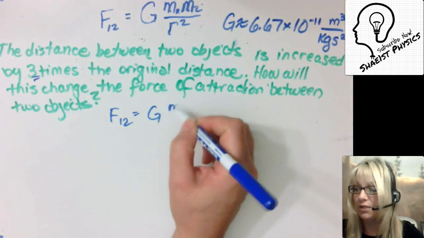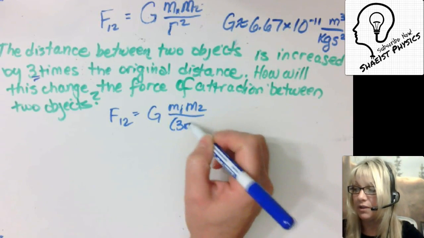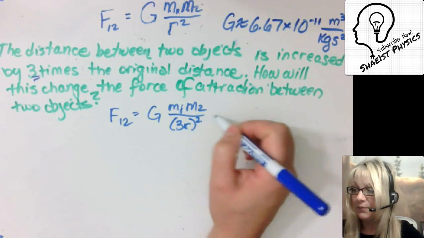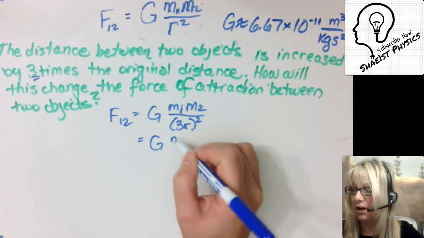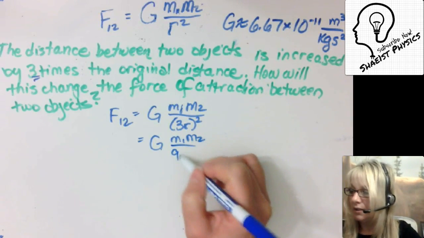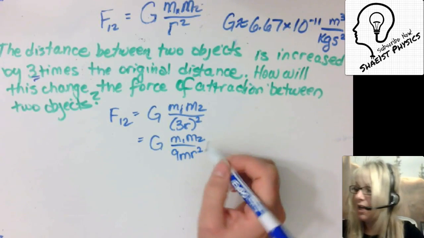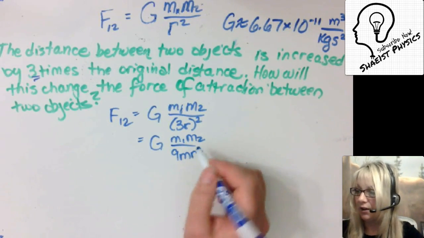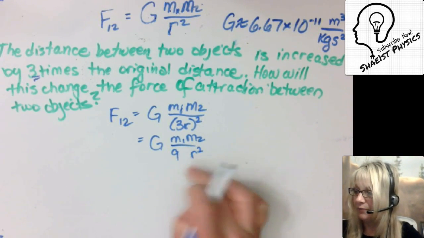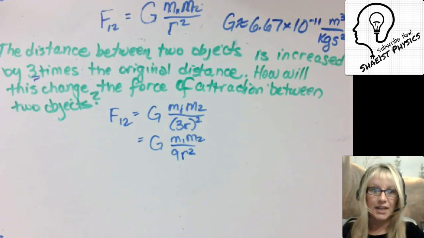Well, now that new distance is not going to be r, it's going to be 3r. And if it is 3r, don't forget you have to square that coefficient as well. Okay, it's going to look like that.